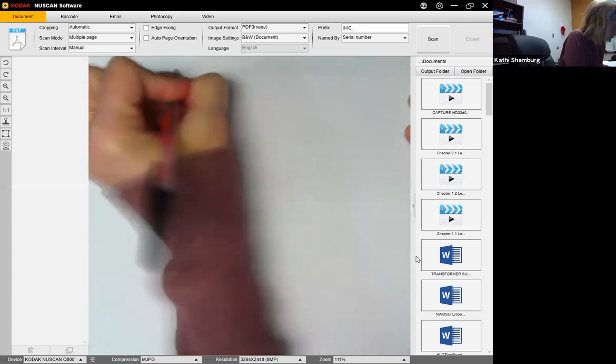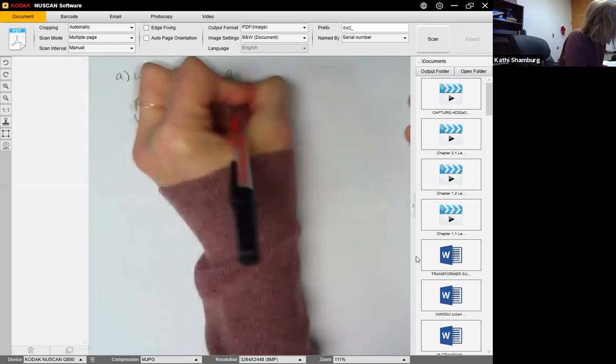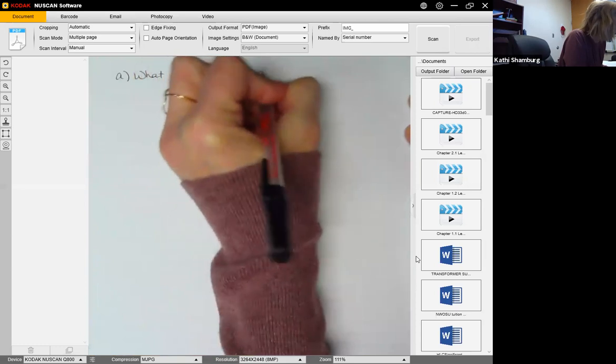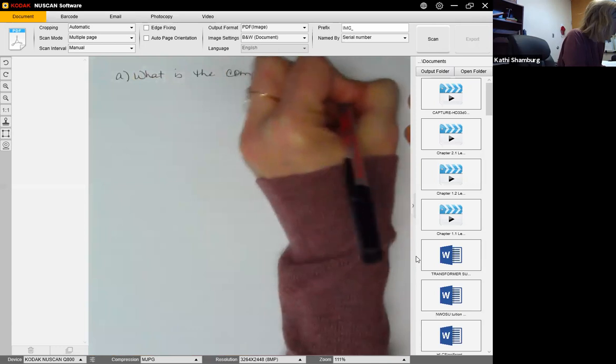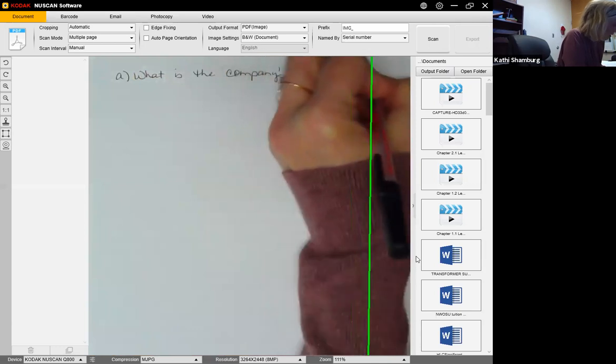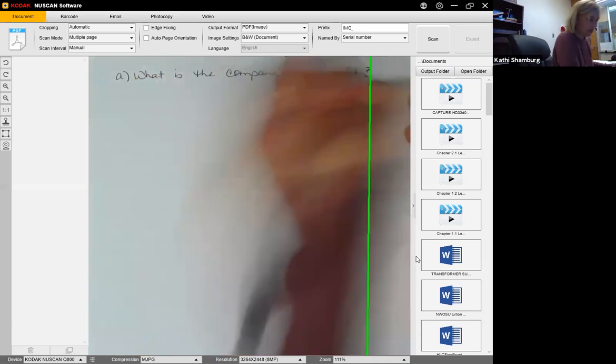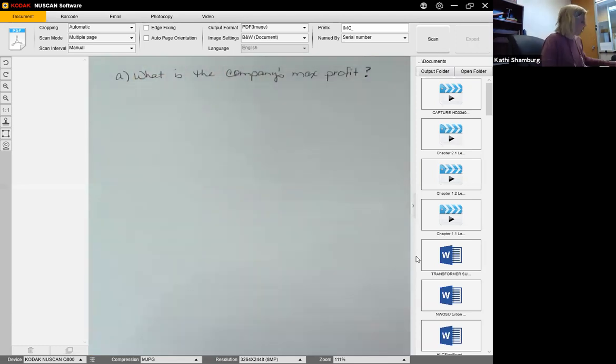What is the company's maximum profit? The company's maximum profit.